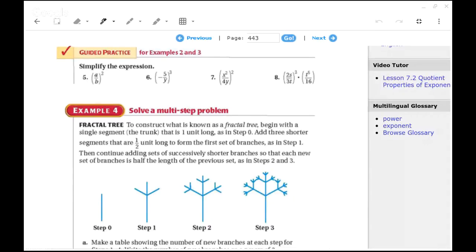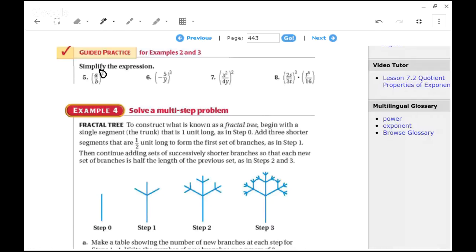Okay. So pay really close attention to this, and let's take it one step at a time. When you have a fraction, and remember that a fraction is just a division problem, and it's all raised to a power, you want to make sure that you're applying this exponent to everything inside the parentheses, just like we did with multiplication.